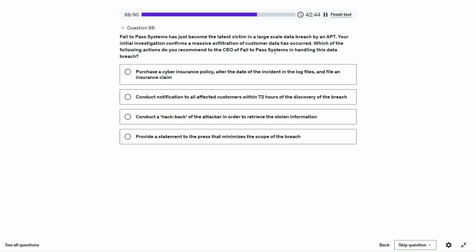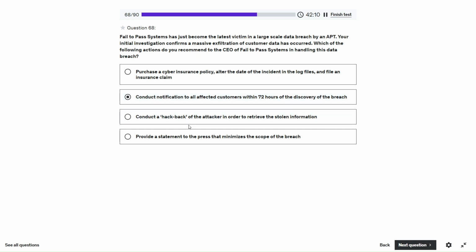Whenever such a massive exfiltration has happened, you need to inform the relevant committee or authority regarding this breach. So, purchase a cyber insurance policy? That's funny, because you are buying the policy after the breach, not a good answer. Conduct notification to all affected customers within 72 hours of discovery of the breach.